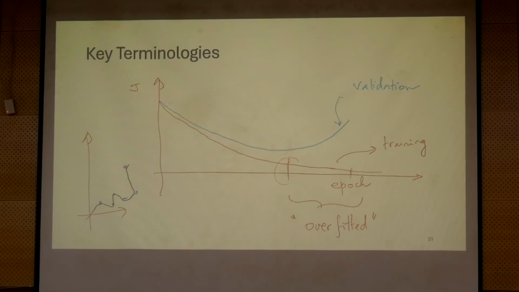The reason why overfitting happens is that certain weights have started becoming too large. So to avoid overfitting, what people do is use what is known as regularization.